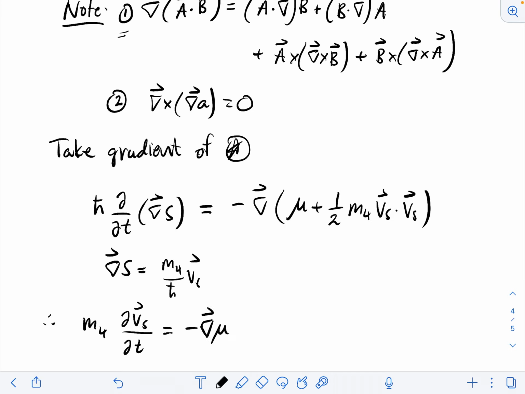Nothing we can do there. But then we'll have minus 1/2 m4, the gradient of vs dot vs.